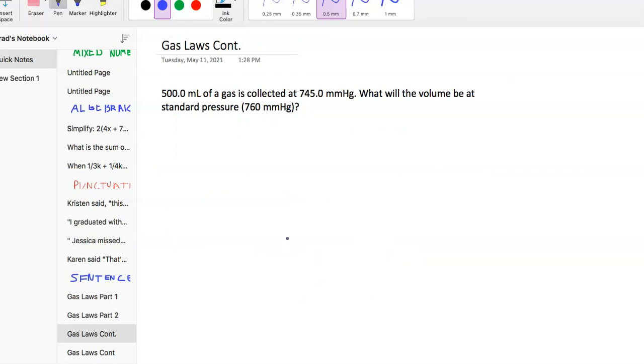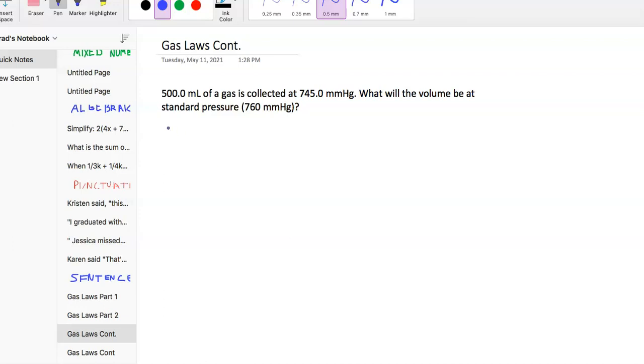We have 500 milliliters of a gas collected at 745. What will be the volume at standard pressure, which is 760? Same exact thing: P1 V1 equals P2 V2, and we just have to plug it in.